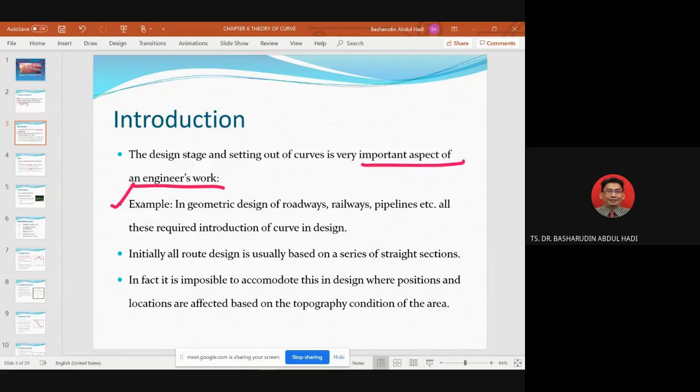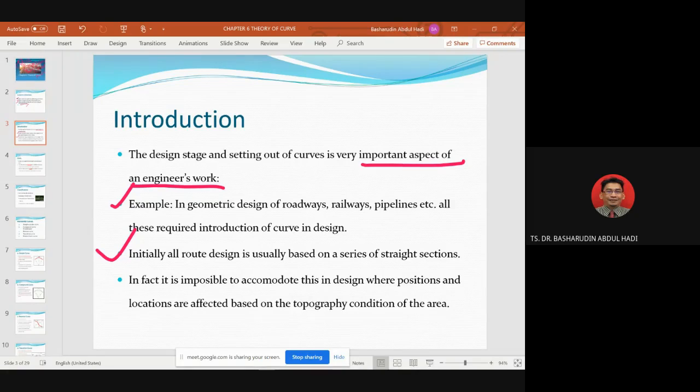Number three, initially all road design is usually based on a series of straight sections. Normally of course we need a straight line, because a straight line is very fast and we save time. But that is only theory.